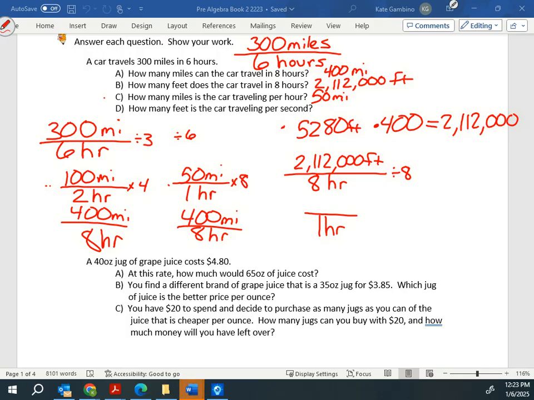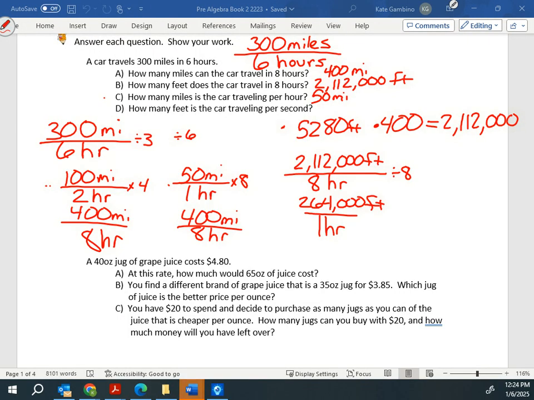So what's 2,112,000 divided by 8? 264,000 feet in 1 hour.